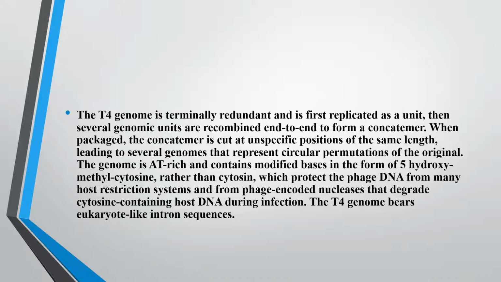The genome is AT-rich and contains modified bases in the form of 5-hydroxymethyl cytosine rather than cytosine, which protects the phage DNA from many host restriction systems and from phage-encoded nucleases that can degrade cytosine-containing host DNA during infection. The T4 genome bears eukaryote-like intron sequences.